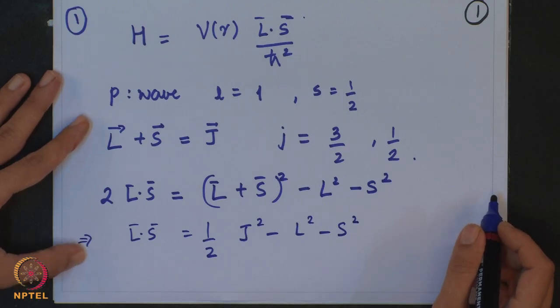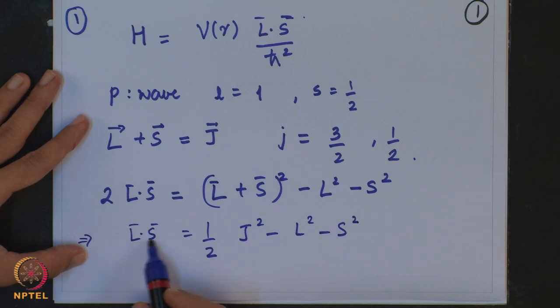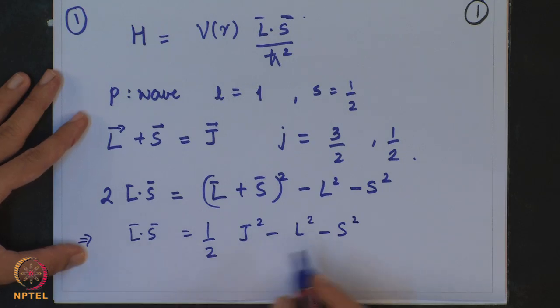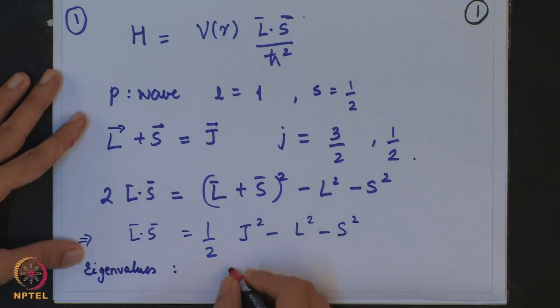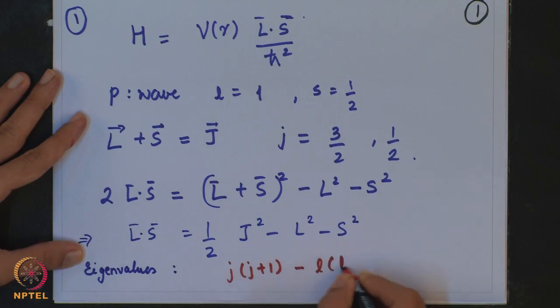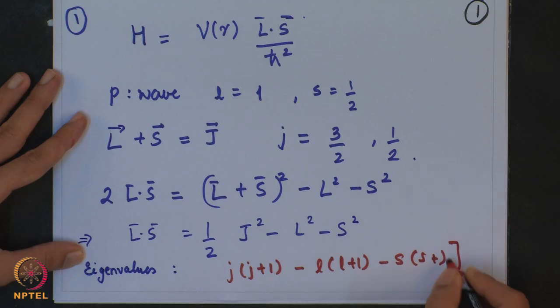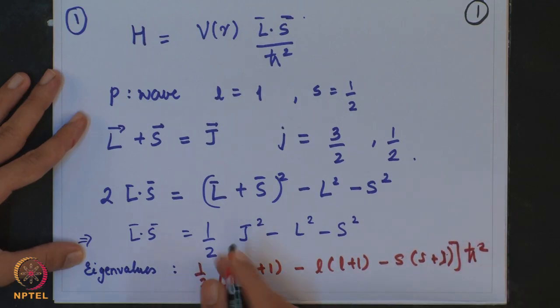Therefore, one can find out the eigenvalues for L dot S. The eigenvalues corresponding to L dot S will be J into J plus 1 minus L into L plus 1 minus S into S plus 1, with h cross square with a factor of half, which is coming from here.